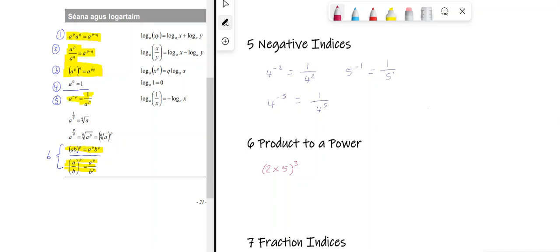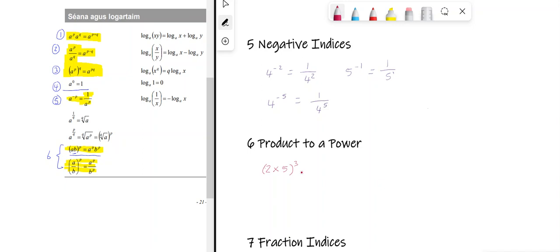So see the way these are written beside each other, a to the power of b, that means a multiplied by b. So that's the same as writing it like this, 2 multiplied by 5 to the power of 3. So basically what you do with that is you take each of the numbers that are inside the bracket and you raise them to the power of 3, and you're multiplying them by each other as well.